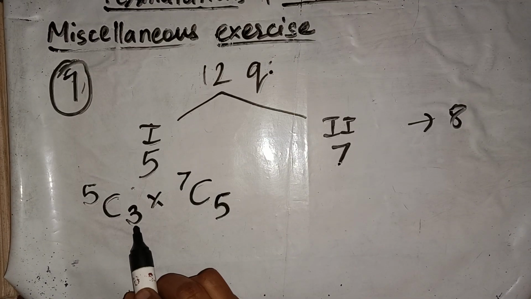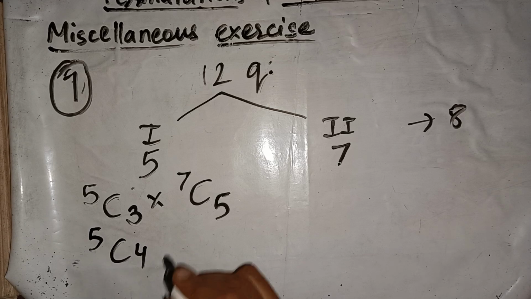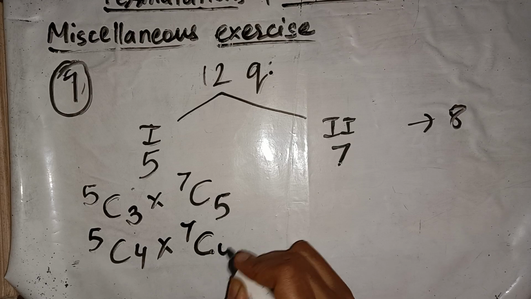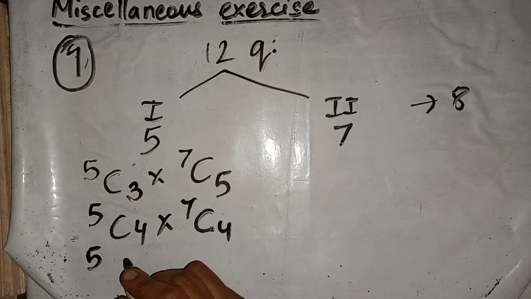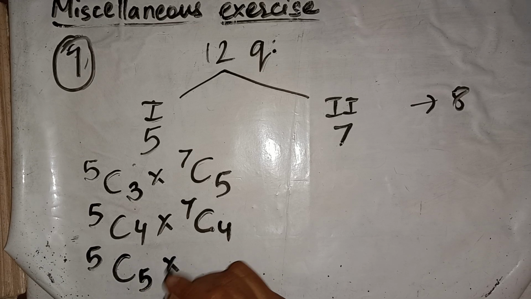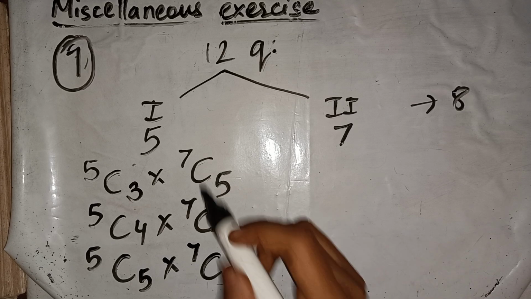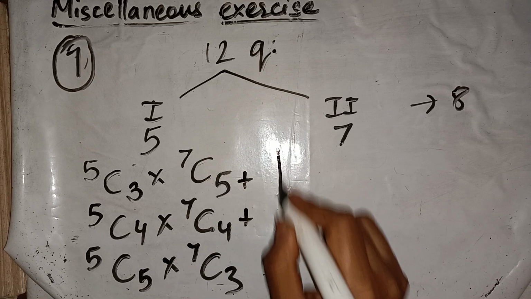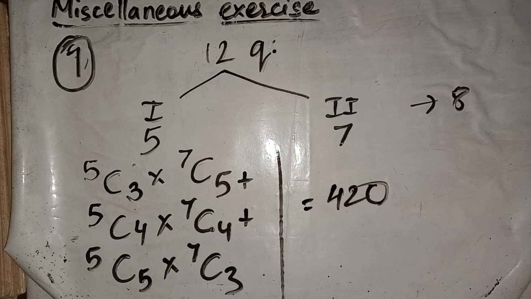Then increasing this, that is 5C4 and 7C4. Next one is 5C5 and 7C3. These are the possible combinations, and then we have to add all three. So it comes to around 420. Okay.